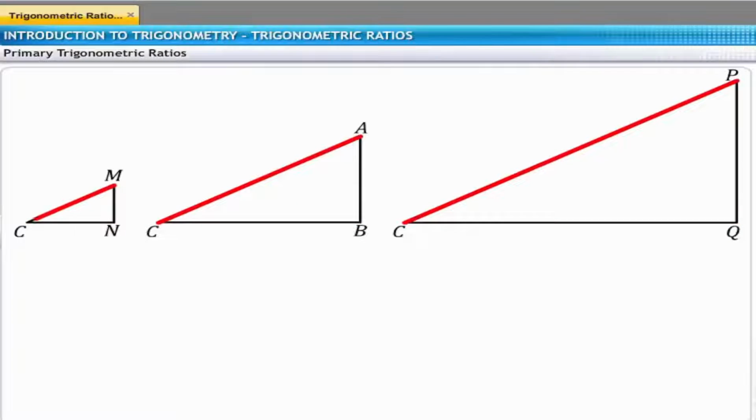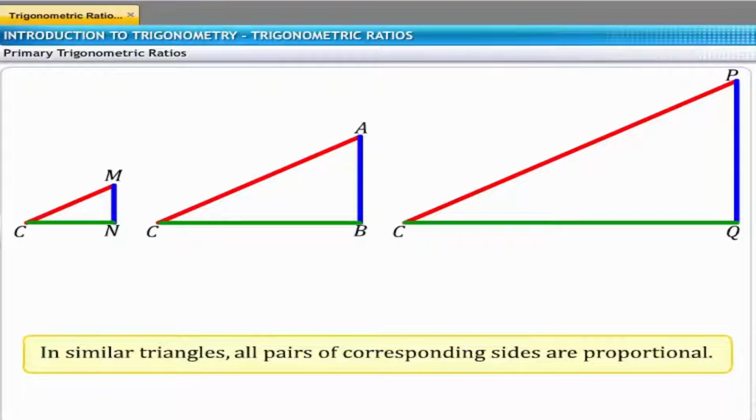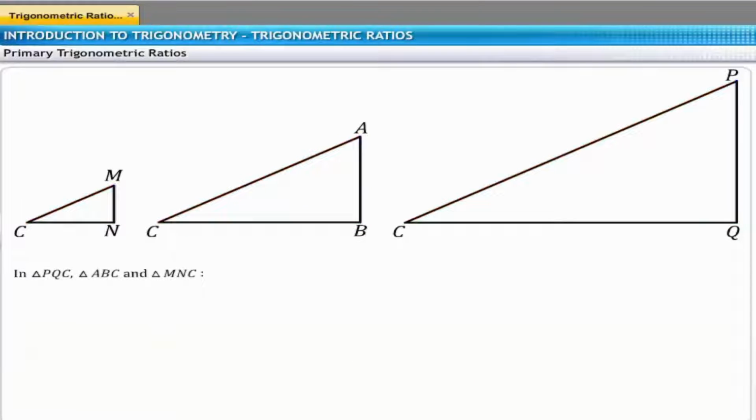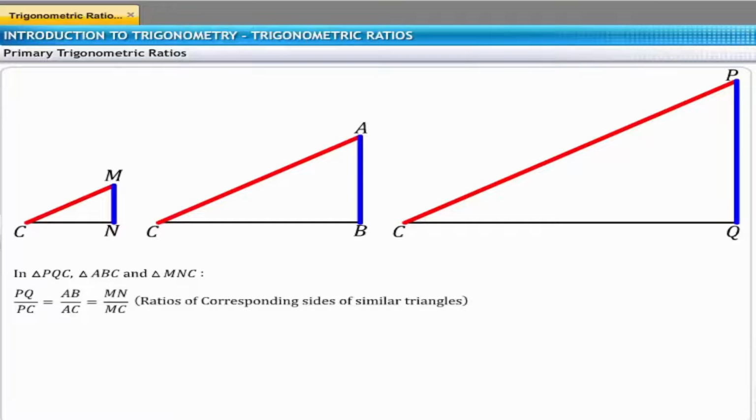Now, what can we say about the corresponding sides of these triangles? Recall that in case of similar triangles, the three pairs of corresponding sides are proportional. This means that the ratios PQ upon PC, AB upon AC, and MN upon MC are equal.